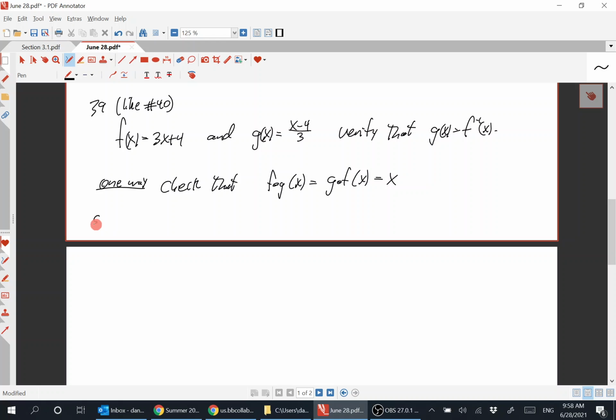Right, and then the second way would be to find f inverse of x directly and see that it is the same as g.